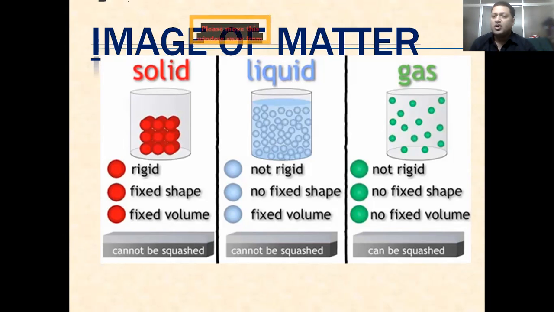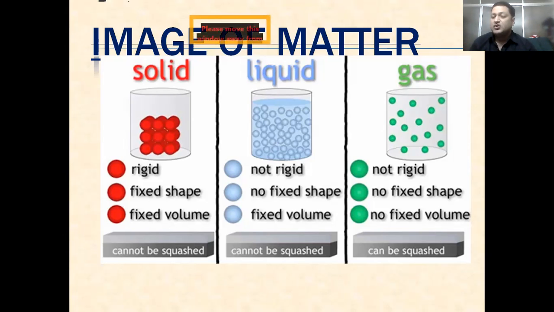So liquid matter doesn't have any exact shape, but it has fixed volume. Remember this, and also remember that the intermolecular space is large. Okay, now the last one is gas.